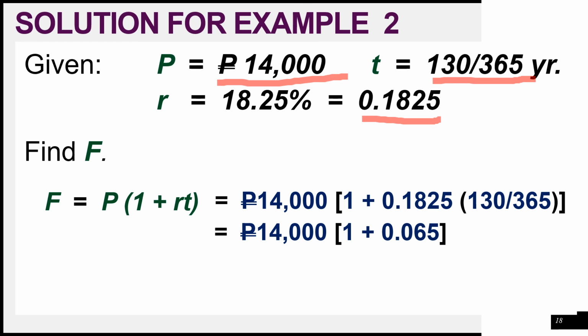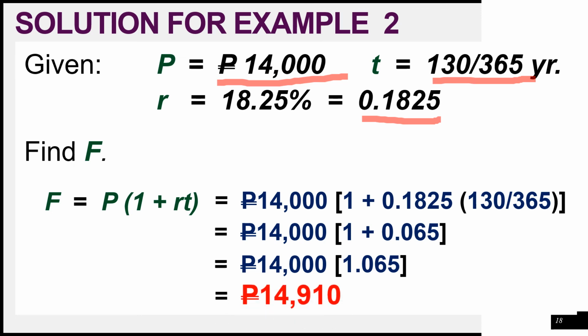You will just have to divide first 130 over 365 and then multiply it by 0.1825 so that you can arrive at the value of 0.065. And then afterwards, we will add 1 and 0.065 so that we can get 1.065. And then finally, let us multiply 14,000 pesos by 1.065, then we get 14,910. And this is now our answer.